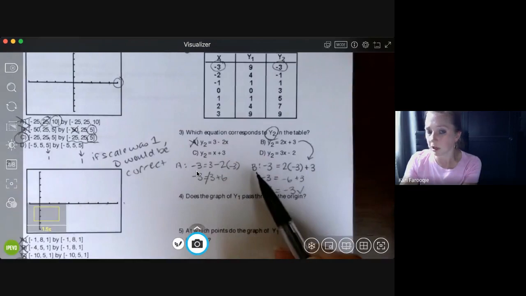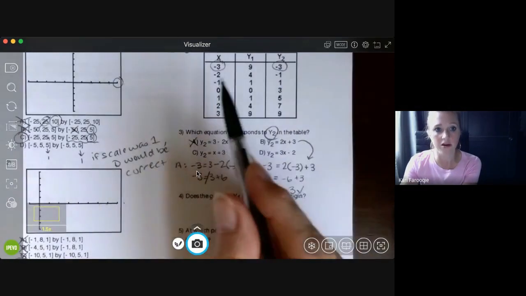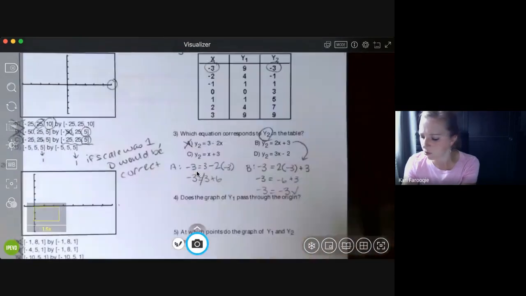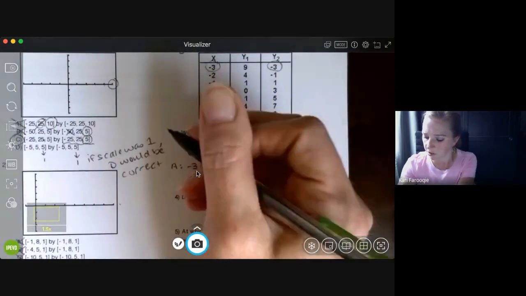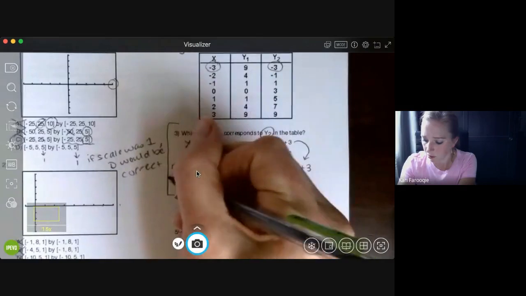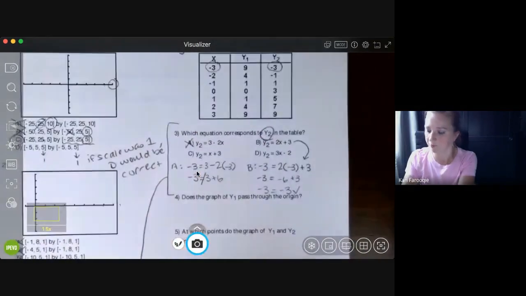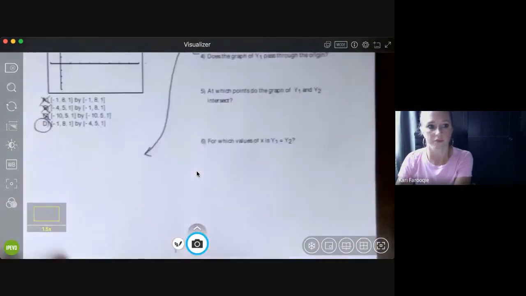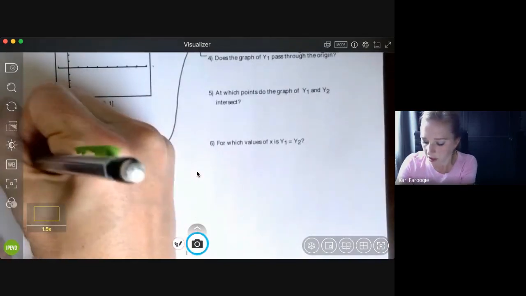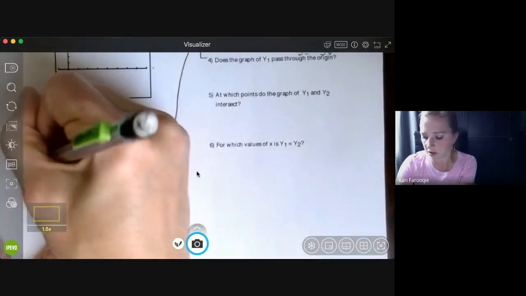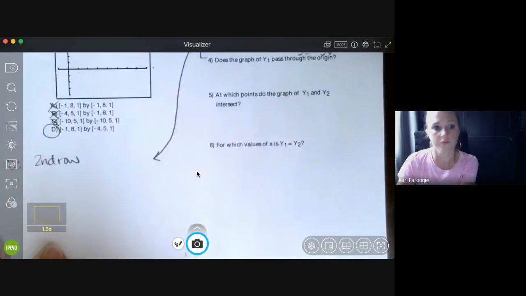So we used B. B looks really promising. Let's use it again, but with another row from the table. I should really expand this out because I'm clearly running out of space here. Maybe I'll do it down here where we have more room. Okay, so I'm using B, and this time I'm going to use the second row in the table.